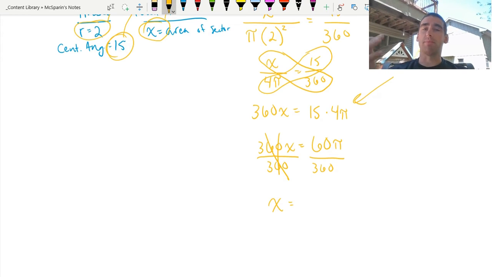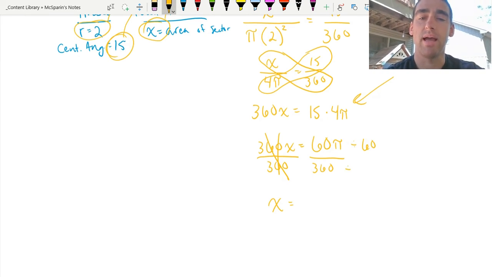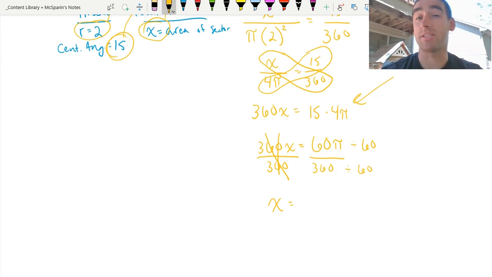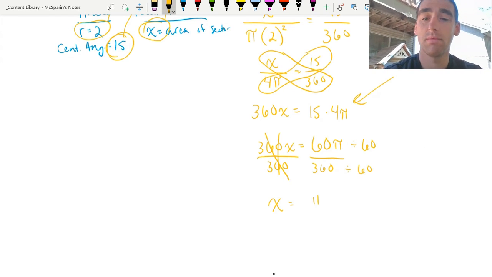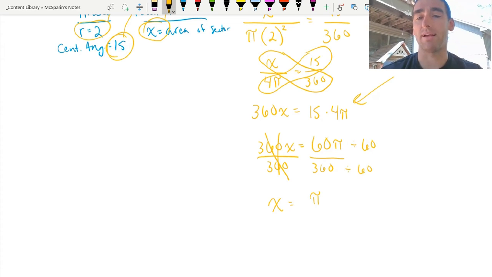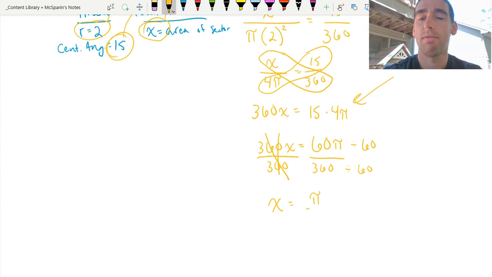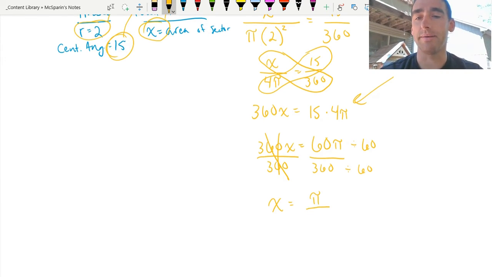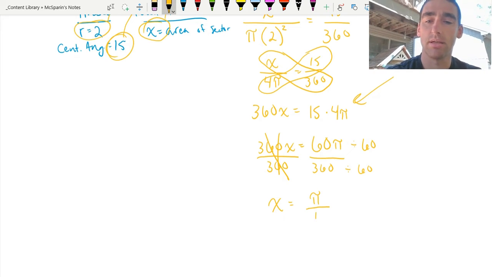So remember, to simplify a fraction, I need to divide the top and the bottom by the same number. I can divide the top by 60, and I can divide the bottom by 60. So 60 divided by 60 is just 1, which means that I just have pi left up on top. 360 divided by 60 is actually 6.